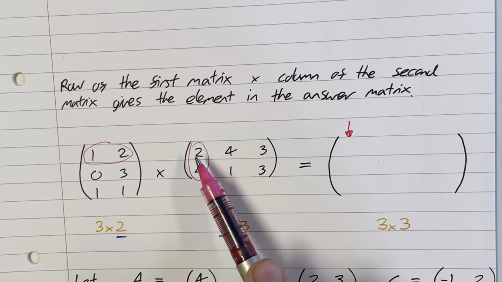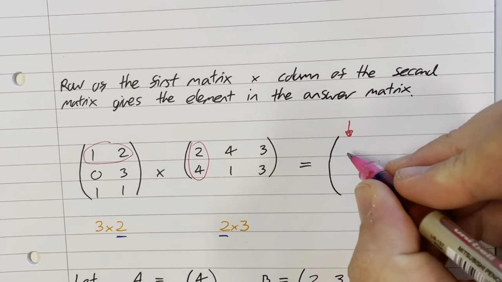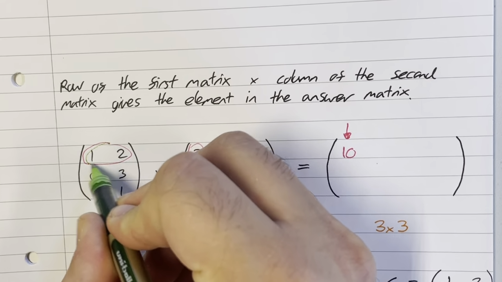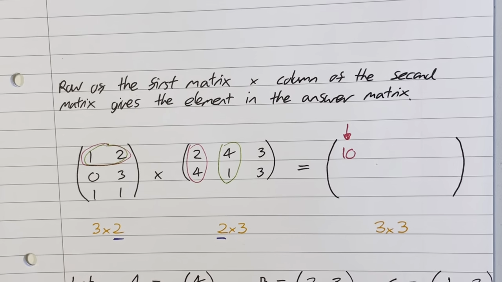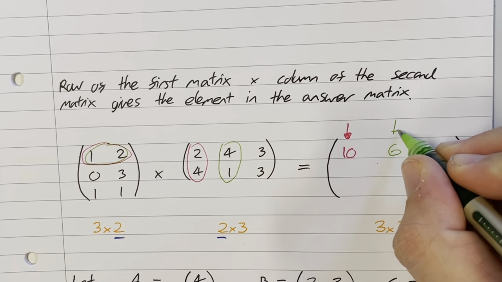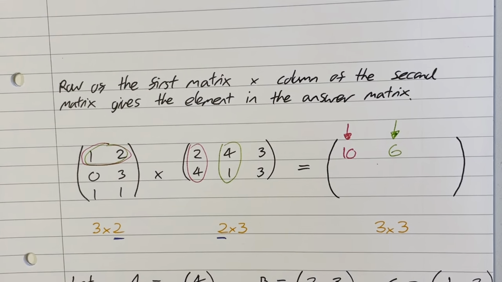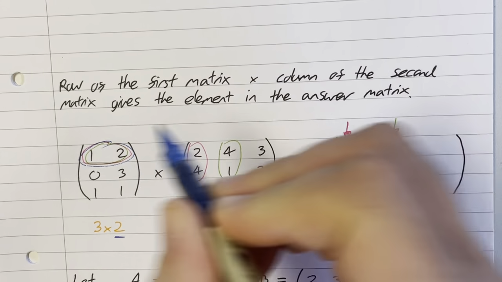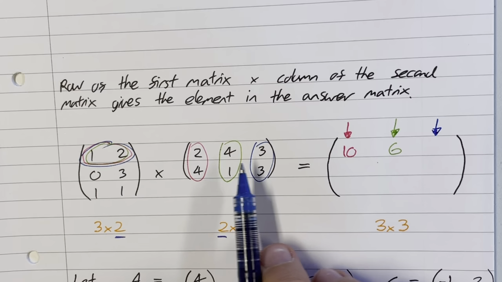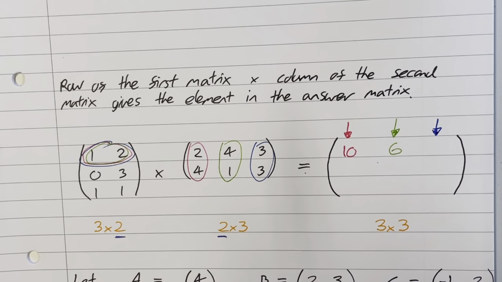So that's going to be 2 plus 8, which is 10. Then the top row multiplied by the second column is 4 plus 2, which is 6. And then the top row multiplied by the third column gives you 3 plus 6, which is 9.